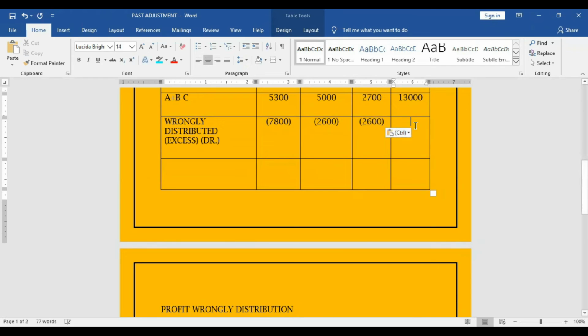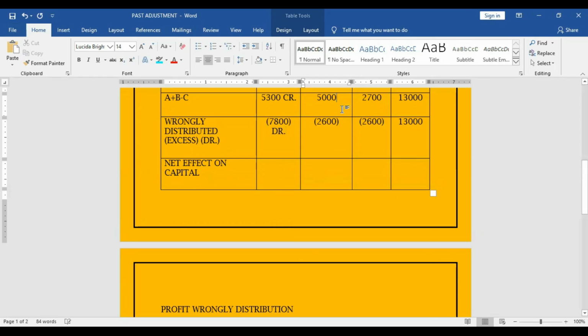Adding together, now the net effect. So here, this is a credit item and this is a debit item.